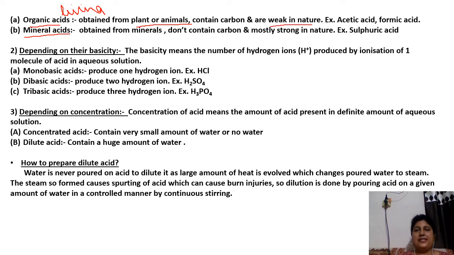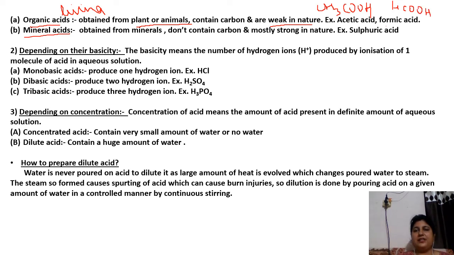For example, acetic acid, that means CH3COOH. Formic acid, HCOOH. So these are the acids which are present in living beings.